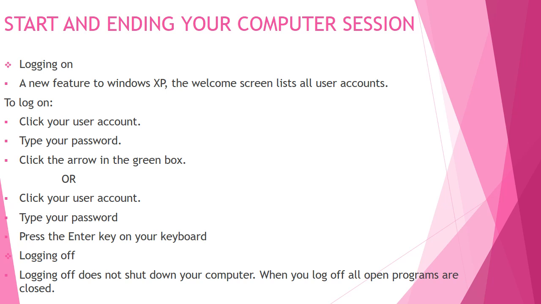Or click your account, type your password, and press the enter key on your keyboard. Then log off. Logging off does not shut down your computer. When you log off, all open programs are closed automatically, but your system will still be on.